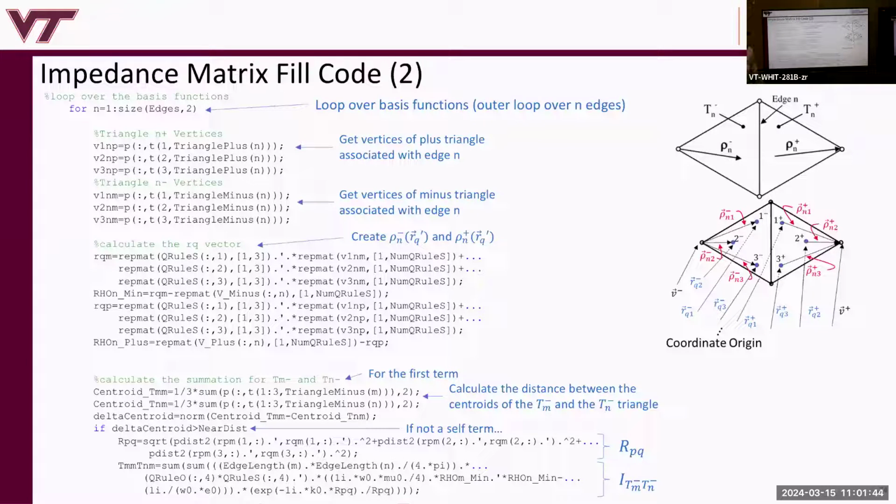The reason we use the average edge length in the mesh is that if you have very small triangles trying to resolve some kind of current that's varying a lot, lambda by 10 might be too big. So if you use the average edge length, then maybe that will give you a better indication.